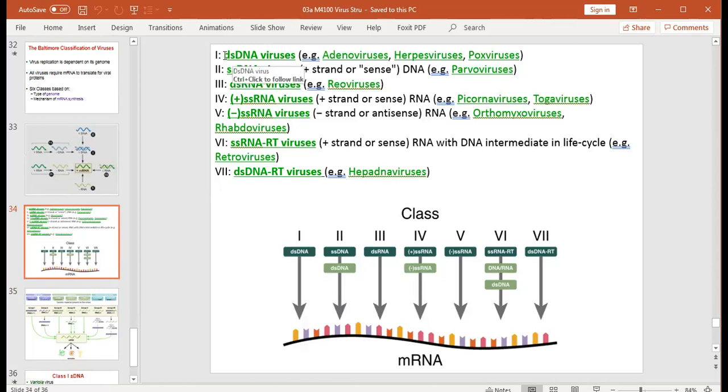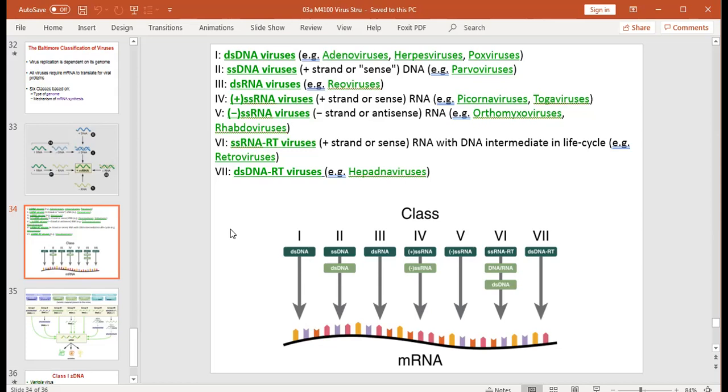Class number 1 is double-stranded DNA viruses, such as adenovirus, herpes virus, pox viruses. Class number 2 are single-stranded, either positive or negative sense viruses, such as parvoviruses. Class number 3, double-stranded RNA viruses, reoviruses.